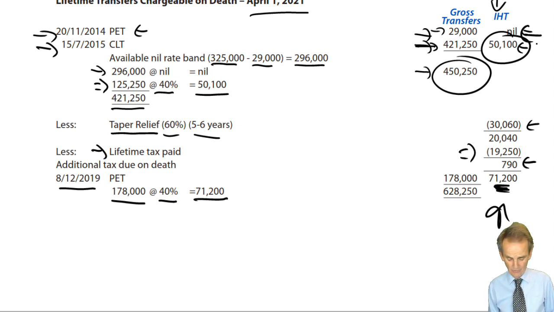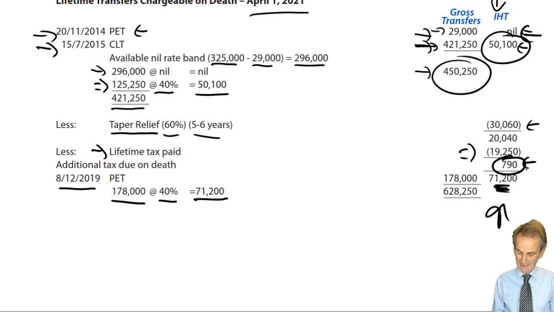The trustees of the trust end up paying additional tax of £790 on top of what had been paid. It was the donor who paid it, Joe, but on top of what had been paid in relation to the lifetime transfer that was chargeable when it was made.